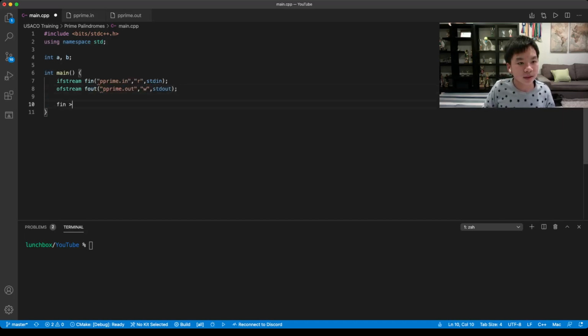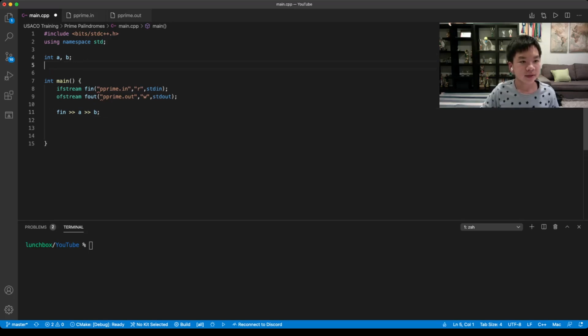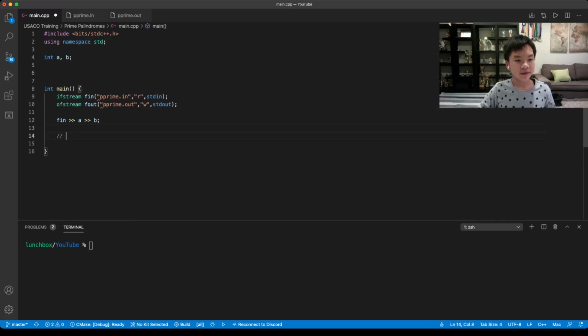Okay, so we need to read A and B. Now we need to generate our numbers. We can actually write them out separately, so we can have a function where we write it out here. So here we need to first do our 1-digit numbers.